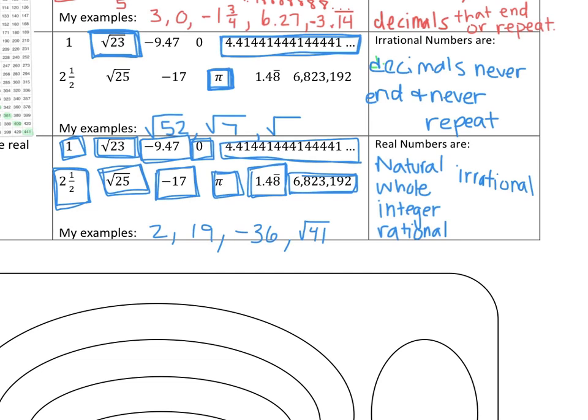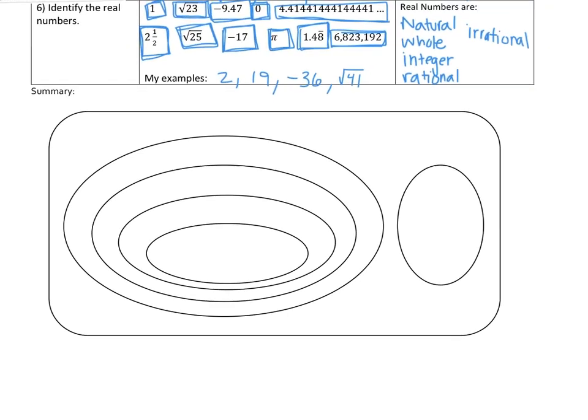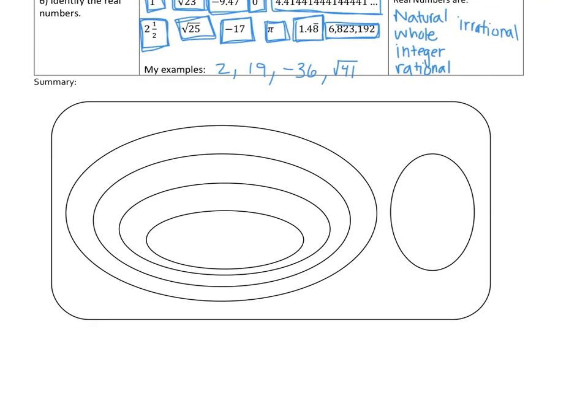Okay? All right, for our summary, we're going to fill in this visual aid just like we did with the Give a Mouse a Cookie. The very simplest numbers that we have are our natural numbers. Remember, natural numbers are like our counting numbers. This was a parenthesis, I know it's hard to see.